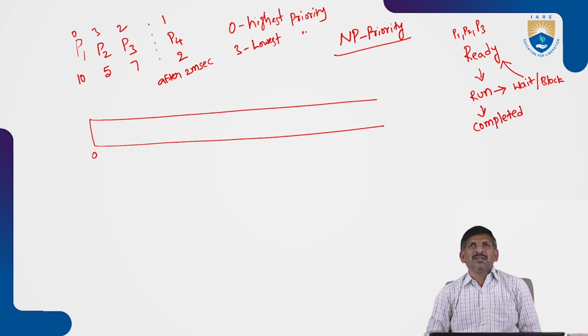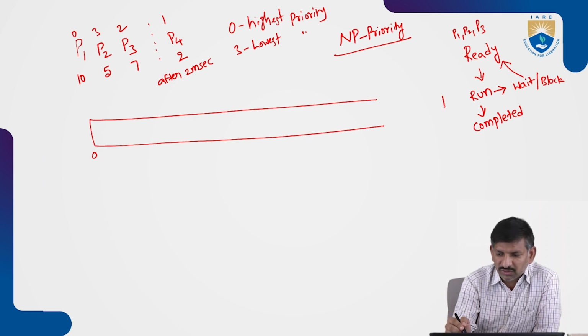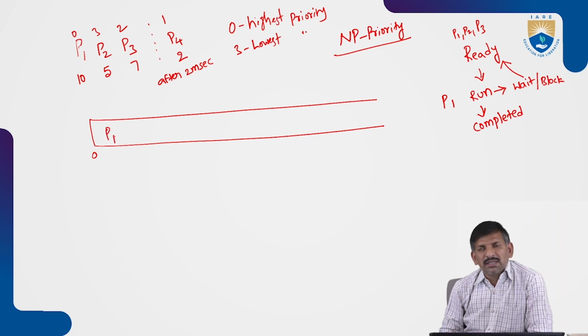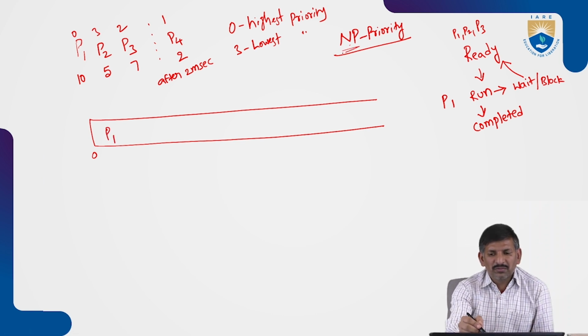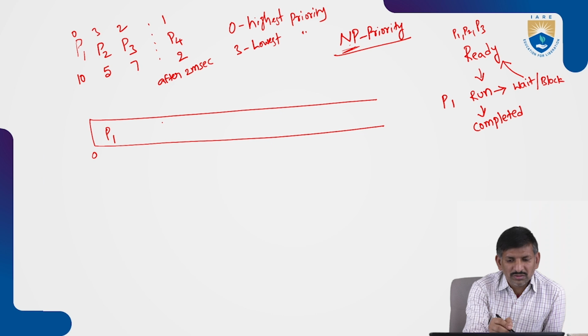P1 is having the highest priority, so that is scheduled for execution. So P1 enters the running state. Since it is non-preemptive, once P1 completes, only then a new process is scheduled for execution. Its execution time is 10 milliseconds.